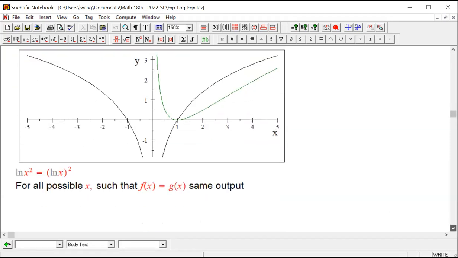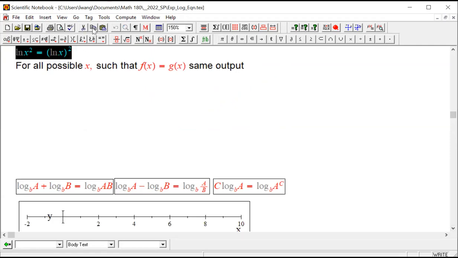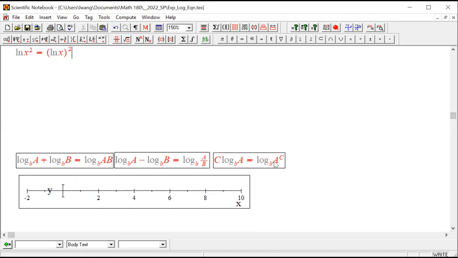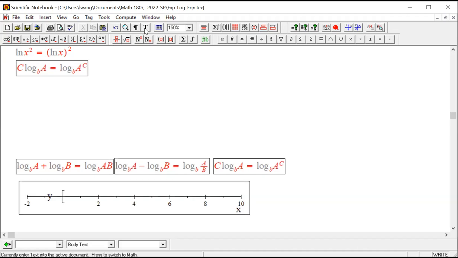And secondly, from the algebraic properties. We're talking about these, which property would apply here? The power property would apply to the one on the left, but it doesn't apply to the one on the right. So the power rule applies to this piece, which equals 2 times ln x.